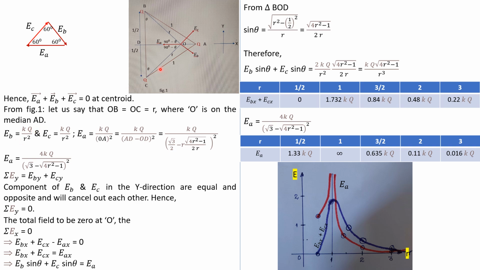EB will be K into Q by R square, because R is the distance from O to B. In the same way, EC will be K into Q by R square.